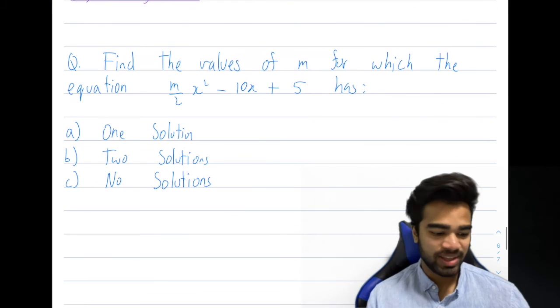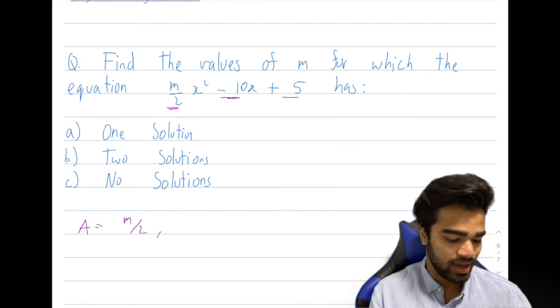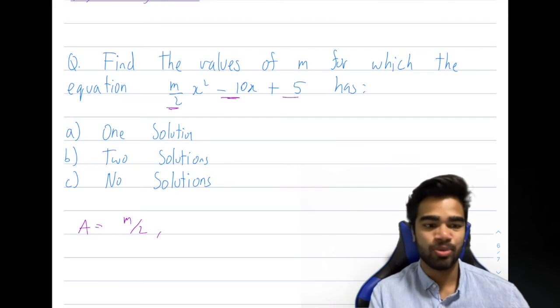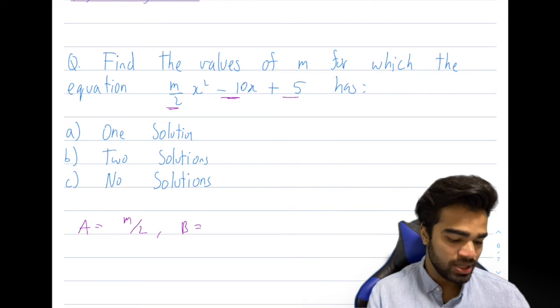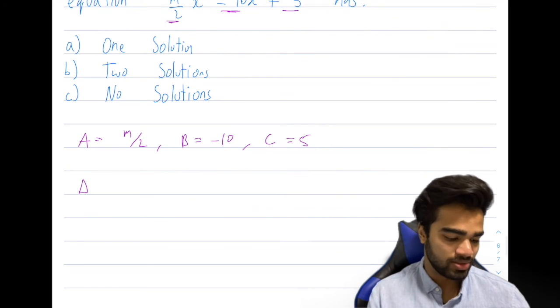Okay, we'll do this one together because again, let's just find the discriminant quickly. So firstly we need the a, b, and c values. This is a, this is b, this is c, so we'll write it down. a is m over 2, so it's the whole thing. Right? So coefficient of x squared is m over 2, right? b is -10 and c is 5. Let's find the discriminant.